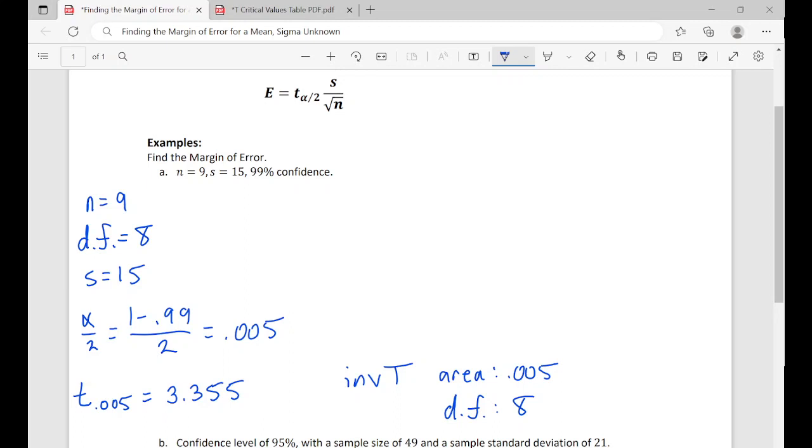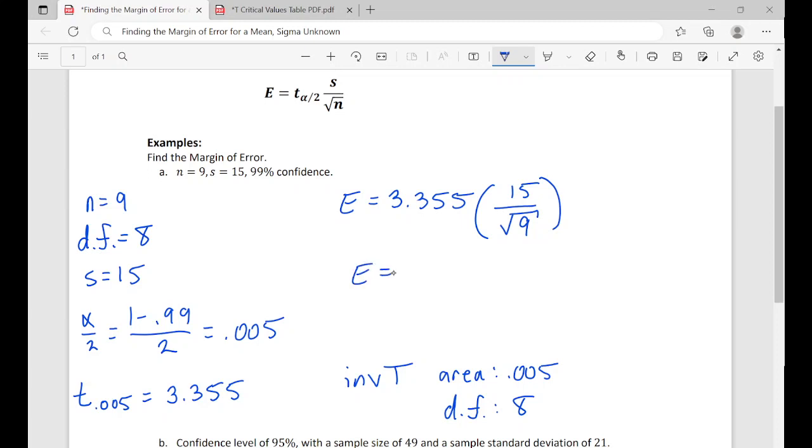Now, once we have everything, we're going to plug it in and get our margin of error. So our margin of error E is going to equal 3.355 times the sample standard deviation of 15 over the square root of n, which is 9.